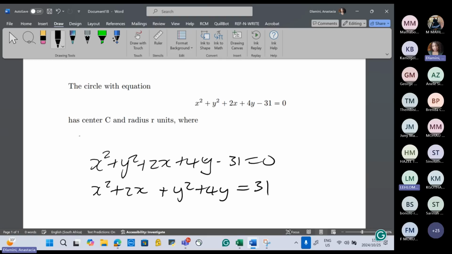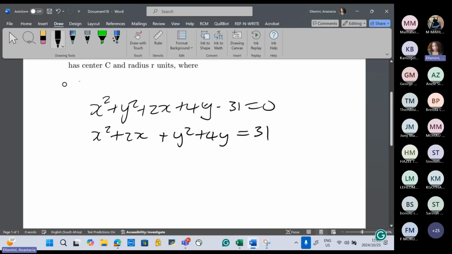Now you complete the square: x squared plus 2x plus (half times 2) squared, and because you added, you need to subtract as well.